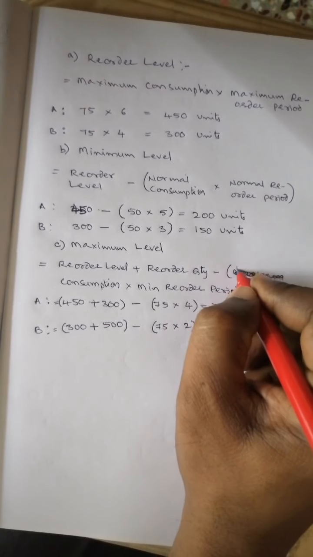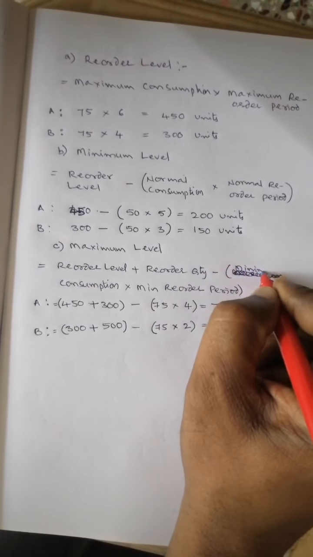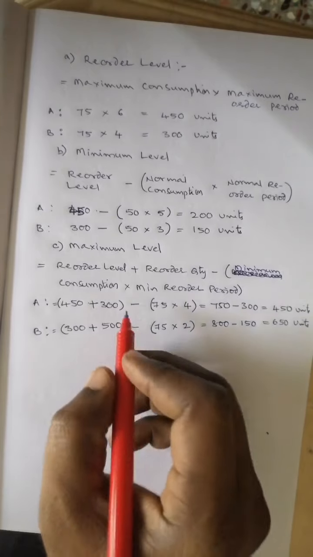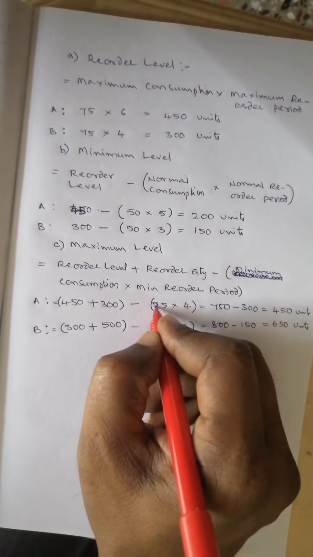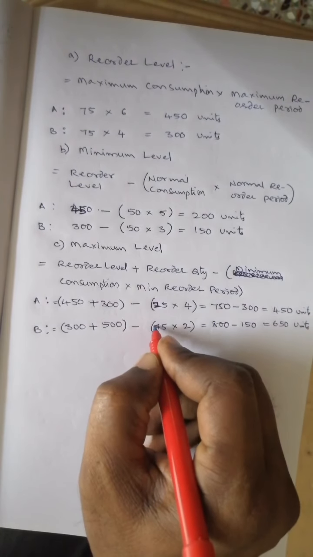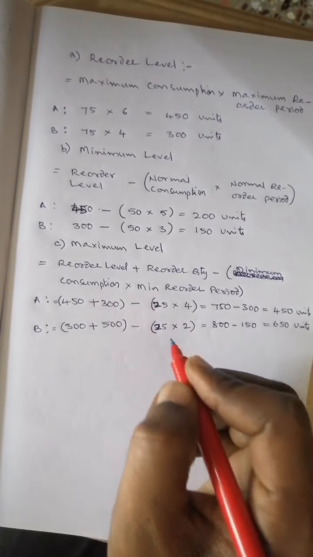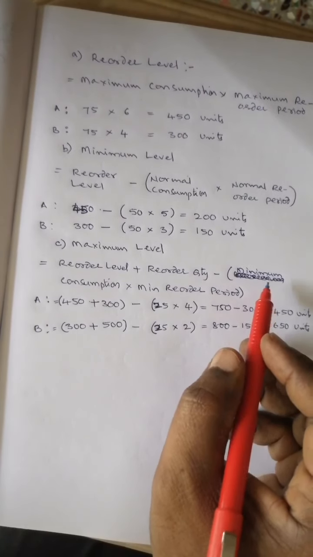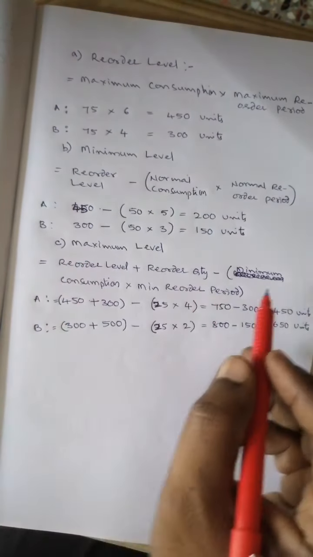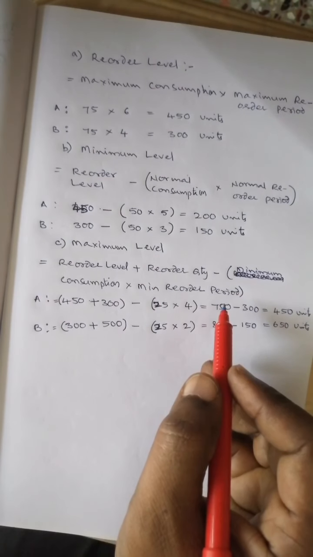This is not maximum, sorry, this is minimum consumption and minimum reorder level. So it is 25 and 25. So when calculating the maximum level, we have to take minimum consumption and minimum reorder.